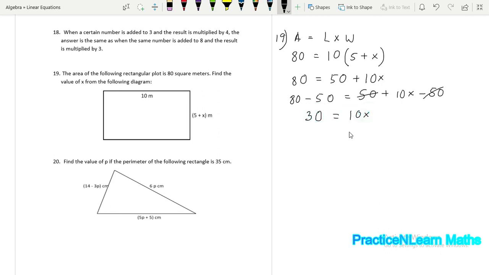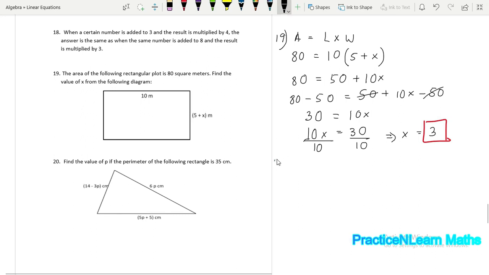We can interchange the sides. 10x is equal to 30. Divide both sides by 10. We get x is equal to 3. They have asked for only the value of x. So, the answer is 3.